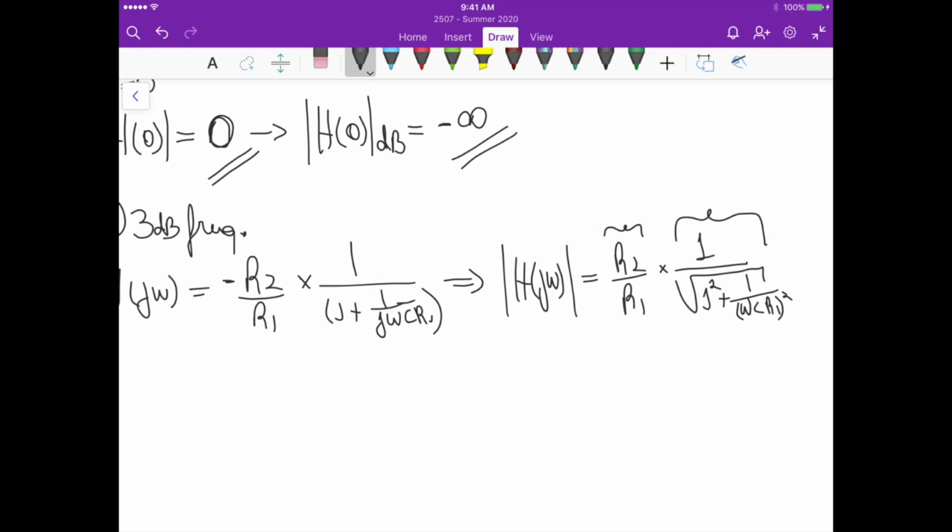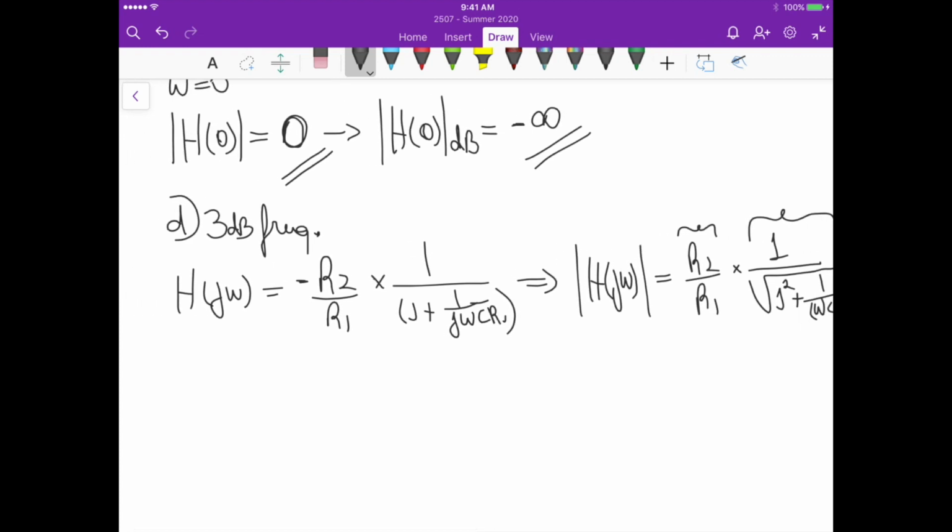For 3 dB, remember the power is halved, so the amplitude, the voltage, should be 1 over square root of 2. So 1 over square root of 2 should be equal to 1 over square root of 1 squared plus (1 over omega C R1) squared.